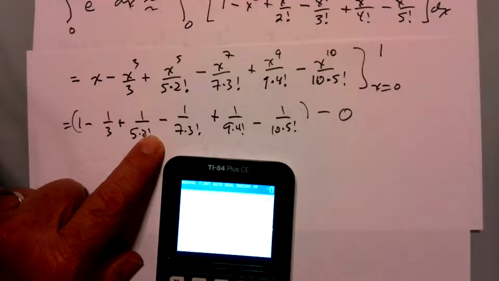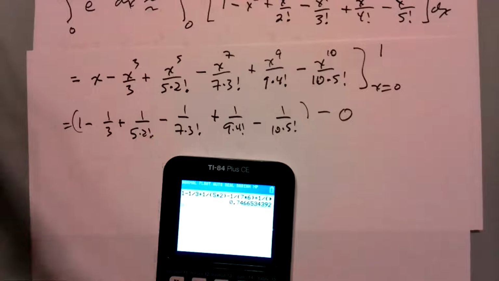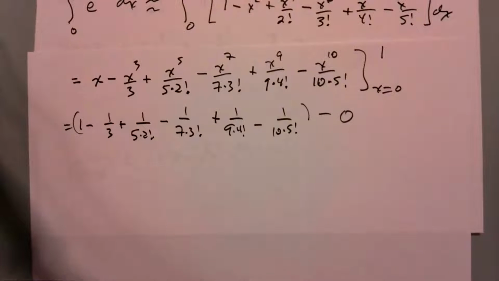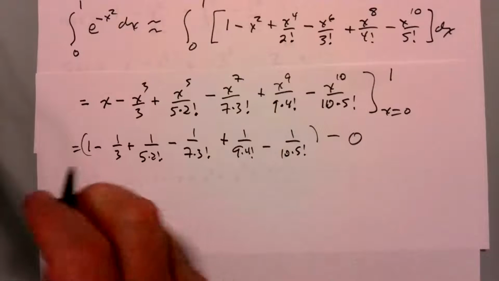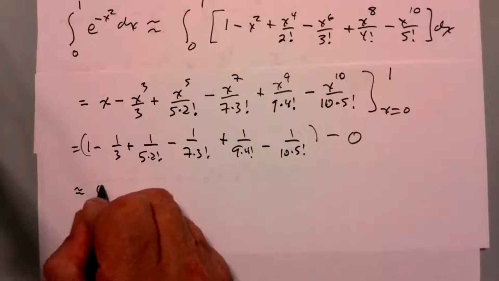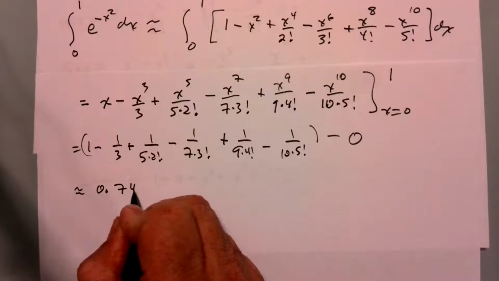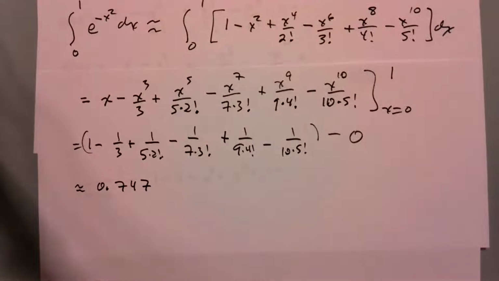And what do I get? 0.74665 approximately. I don't know if that's close to the right answer. We'll take a look. So based on that approximation, this is in the neighborhood of 0.747 when rounded to 3 decimal places.